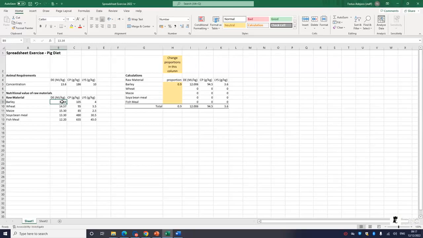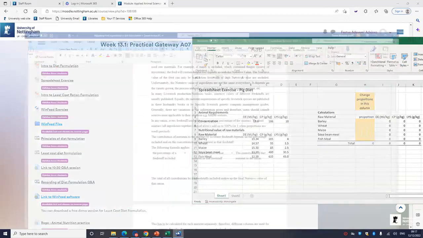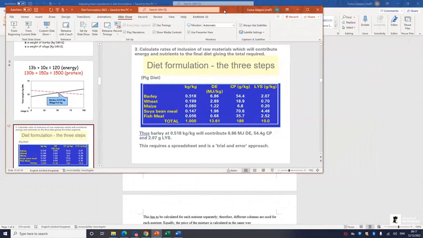Are you with me? Multiplied by the inclusion of 0.9. Bearing in mind that the total we will have here must be 1. You want everything to be standardized. So within the confines of 1, we can play around with this that we have.